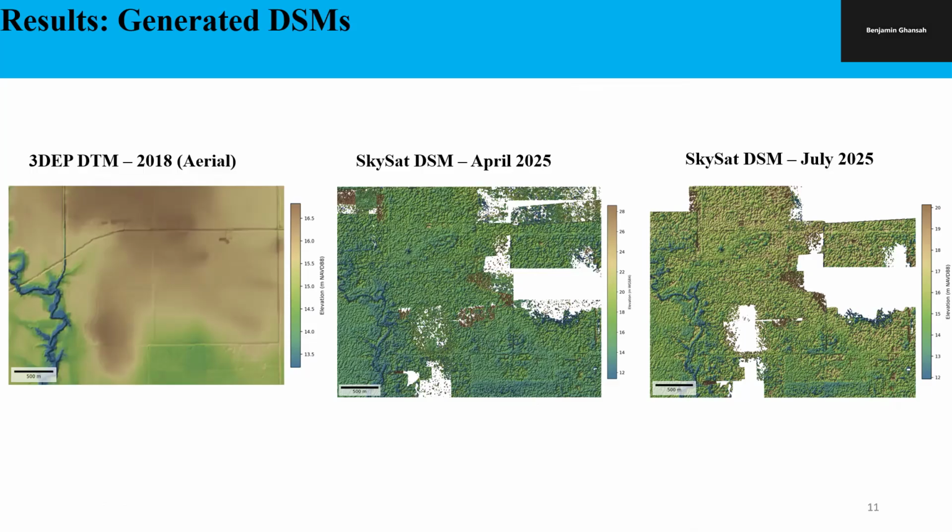However, with the SkySat DSM for April, we can see the various features on the DSM, and we can also similarly see that for July, and features such as the riverine area and the forest or tree area are visible in both the DSMs generated.